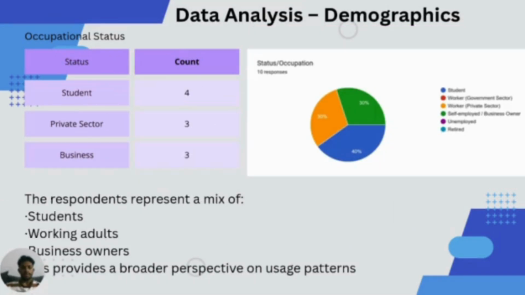The second one is occupational status: student, private sector, and business. The respondents represent a mix of students, working adults, and business owners. This provides a broader perspective on usage patterns.